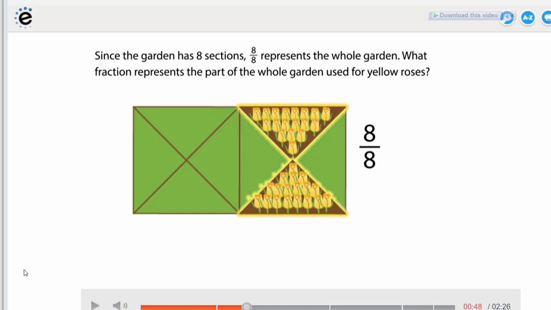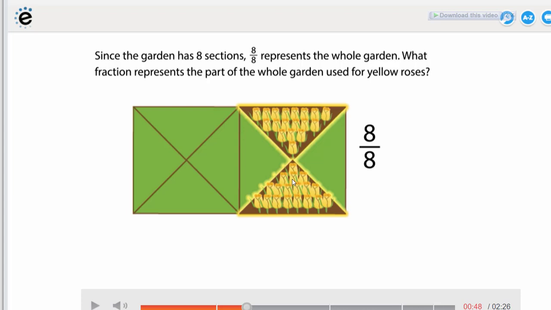Muhammad Sultan. Okay, Muhammad. The yellow roses, what fraction represents them? How many sections are yellow roses? How many?